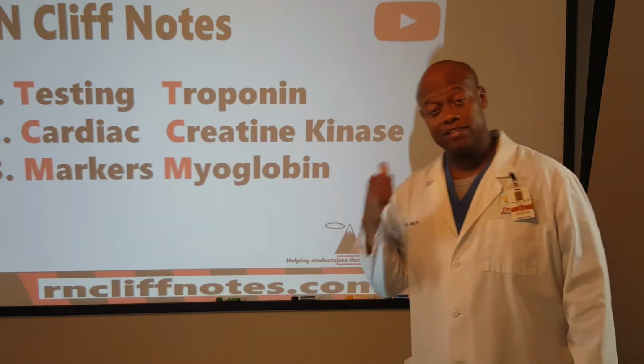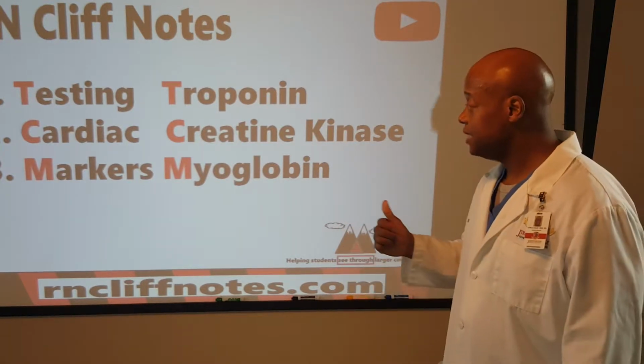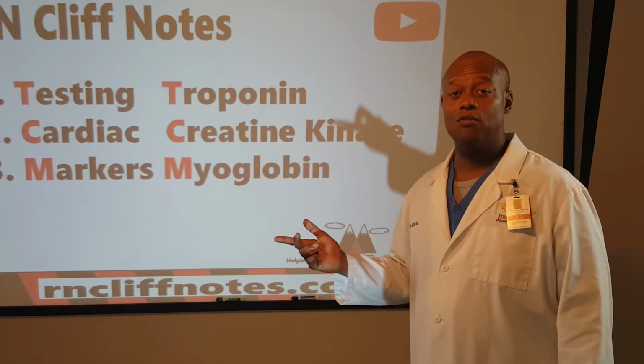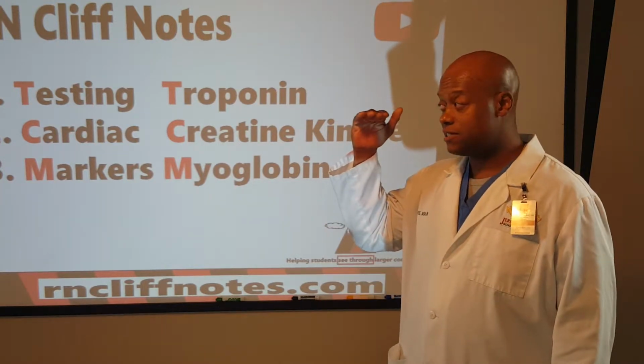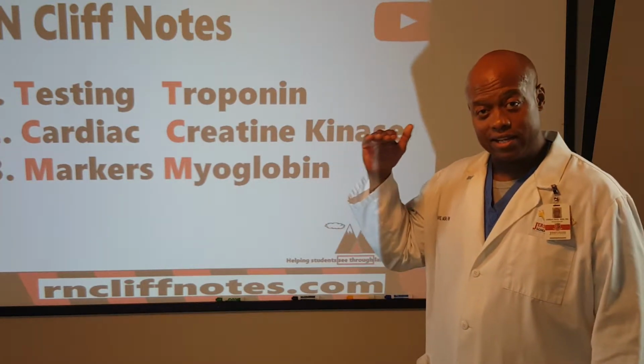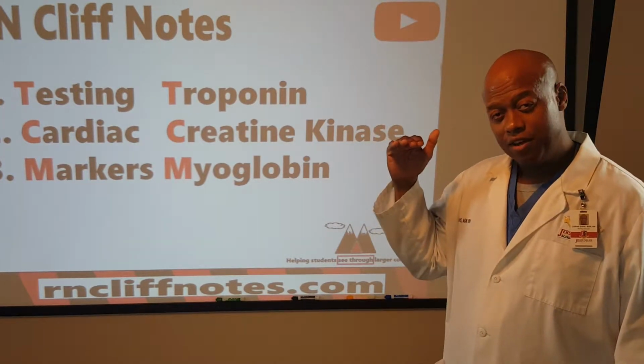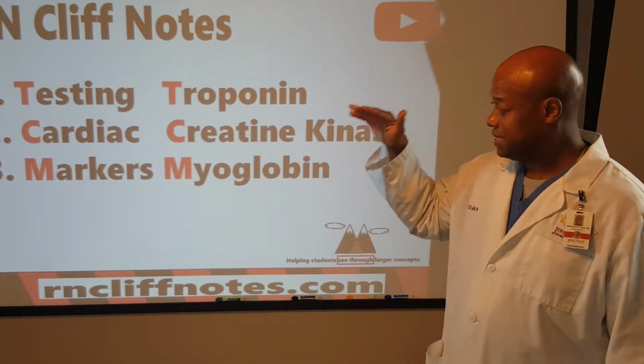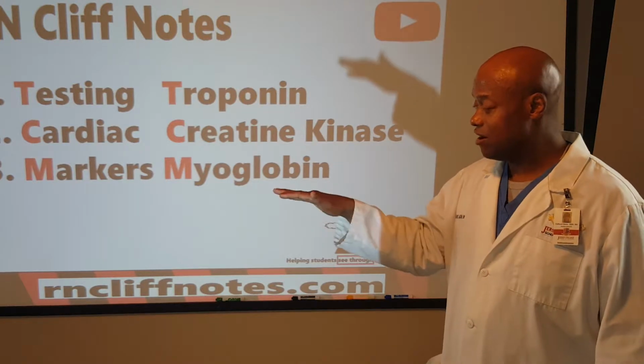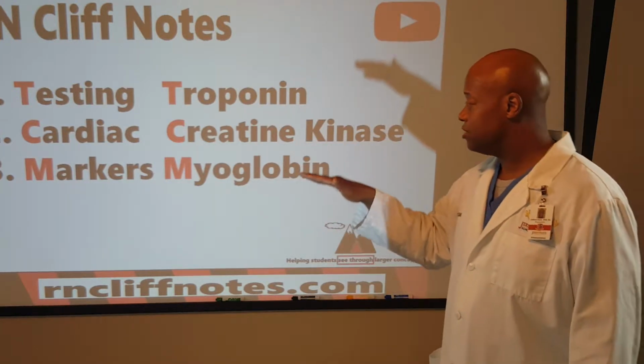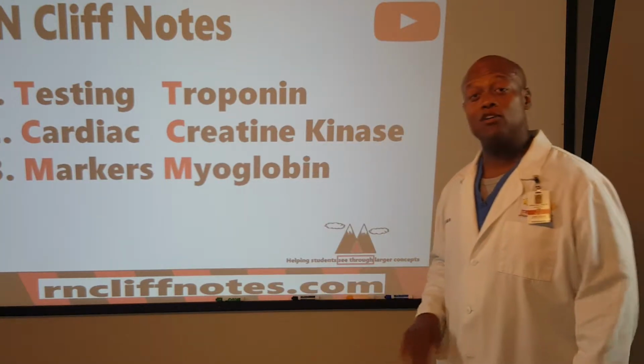And what's very interesting about that is that is essentially the order. Troponin is the study that trumps the other studies. That's like the more specific, more reliable study. So TCM, testing cardiac markers, troponin, creatine kinase, and myoglobin.